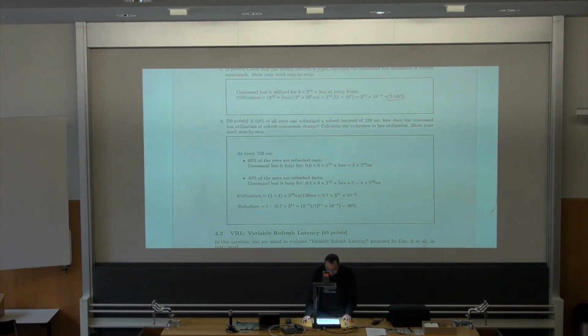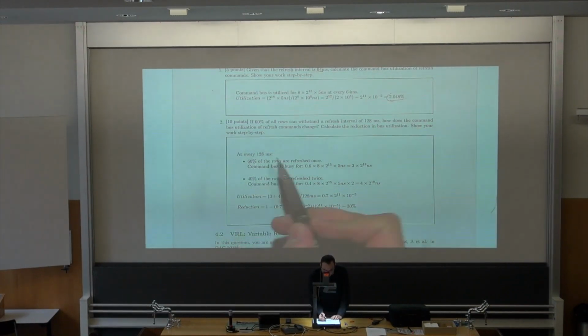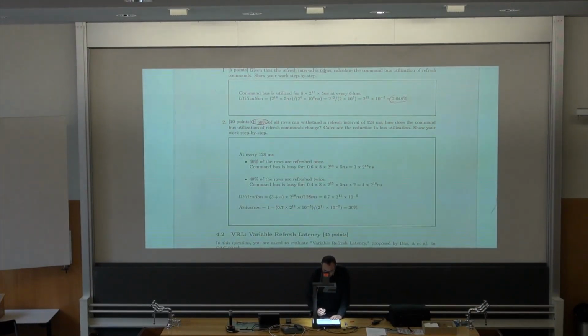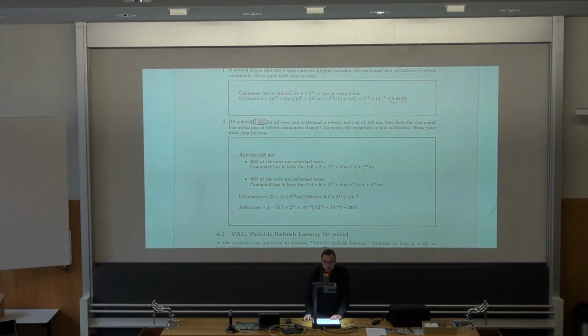In the second one, we figure out that some of the rows can actually hold the information for a longer time, and we can refresh them every 128 milliseconds instead of 64 milliseconds. The percentage of those rows is 60%, right? It's written here. So what we do here is look at every 128 milliseconds.